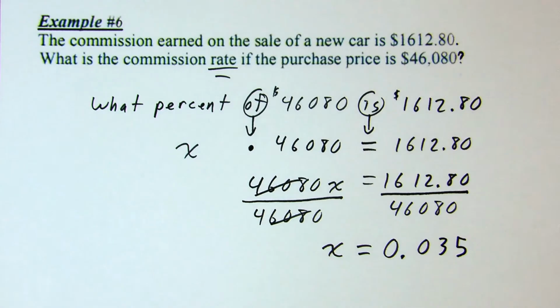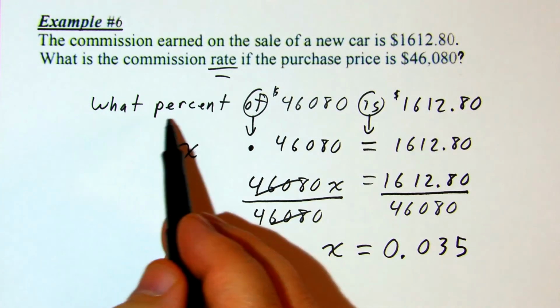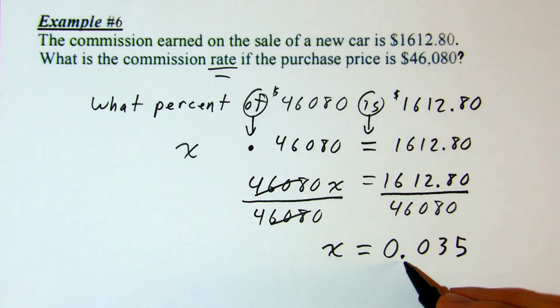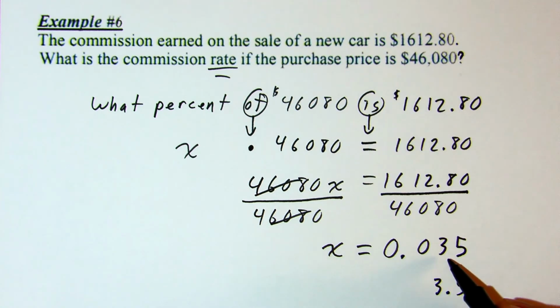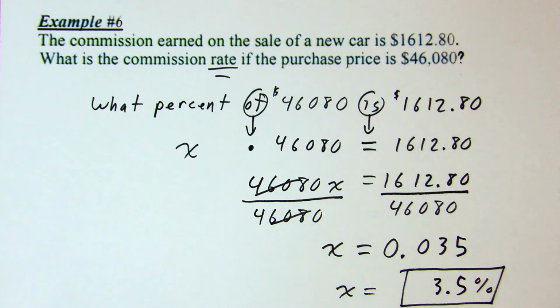So the division turned this into a decimal. Remember, we're looking for the rate or the percentage, so we have to move the decimal point 2 places to the right, which will put the decimal point between the 3 and the 5, and we have to put a percent symbol on. So our answer is that the rate is 3.5%.